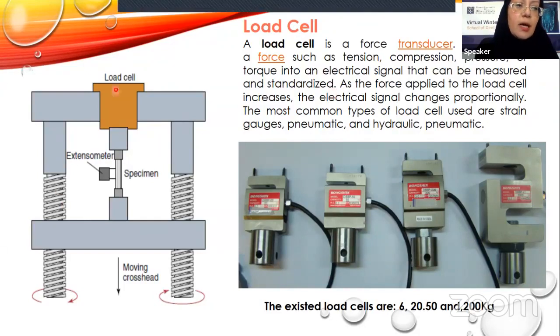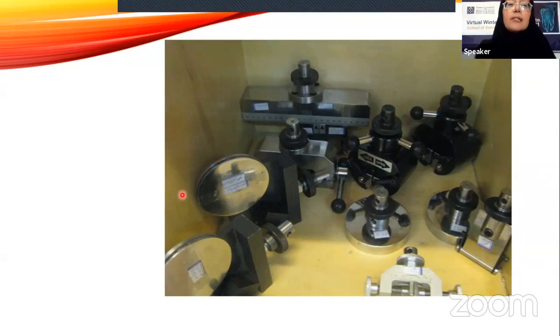Here you can see a schematic illustration of a universal testing machine. Here is its load cell, and here is a crosshead. Usually we regulate the speed of the crosshead ourselves depending on the nature of the material. The universal testing machine also needs different accessories for measuring different strengths of materials.